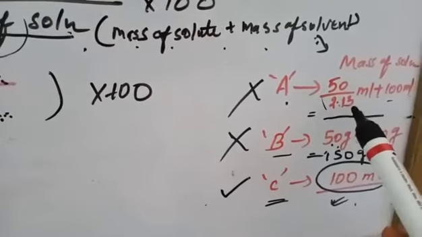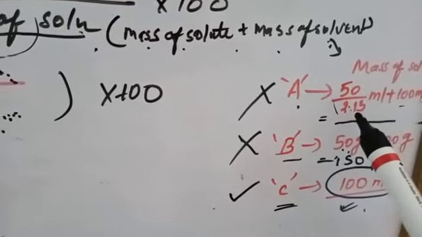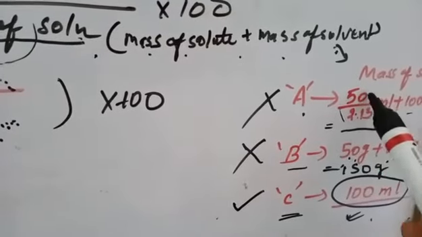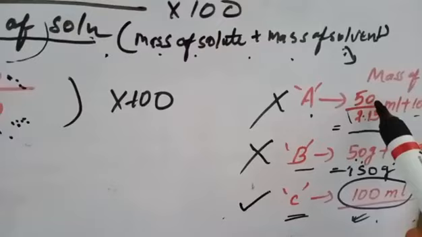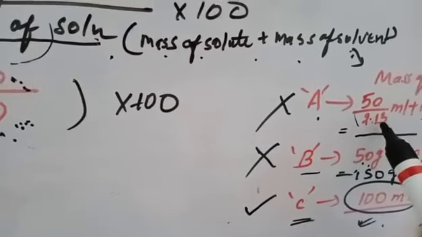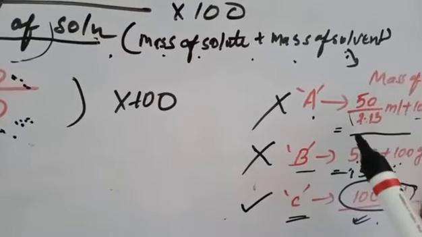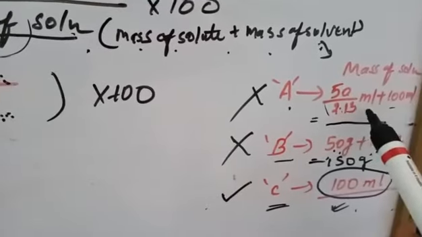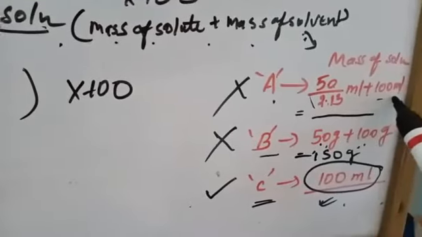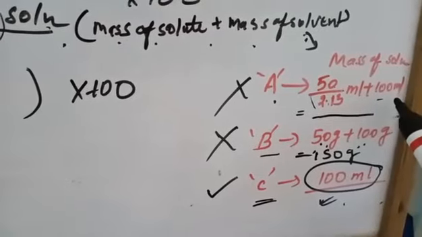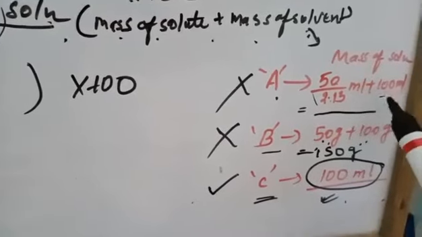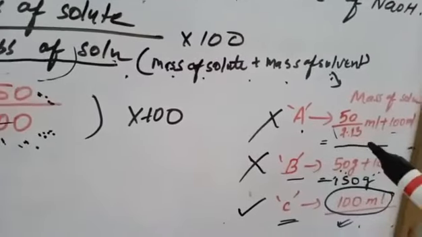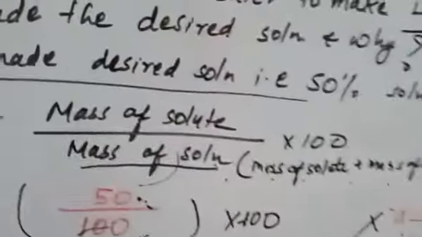What is 2.13? 2.13 is the density of NaOH. So we do mass of solute divided by the density of the solute. We will get the volume of the solute, that is in ml. Okay, and then we will add it to 100 ml of water. So this type of problem we will solve further also, don't worry.